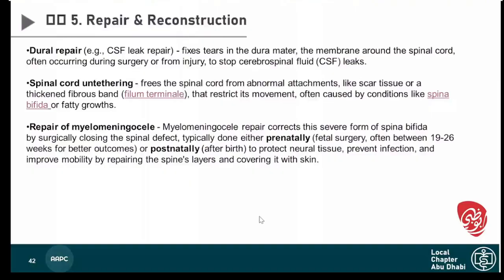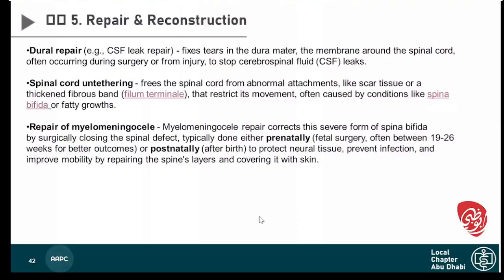So to untether the tethered spinal cord, the physician will perform spinal cord untethering. Okay. We have a CPT code for this also.